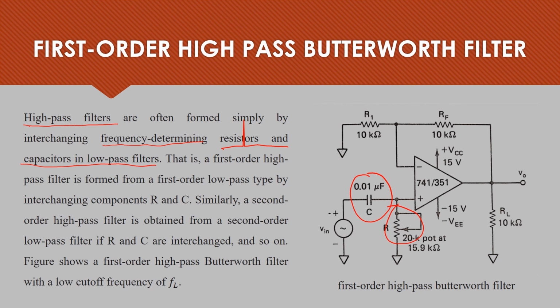That is, the first order high pass filter is formed from a first order low pass filter by interchanging R and C. Similarly, a second order high pass filter is obtained from a second order low pass filter by just interchanging R and C, and so on for higher orders also. This is the figure showing the first order Butterworth high pass filter, and we have interchanged the values of R and C.